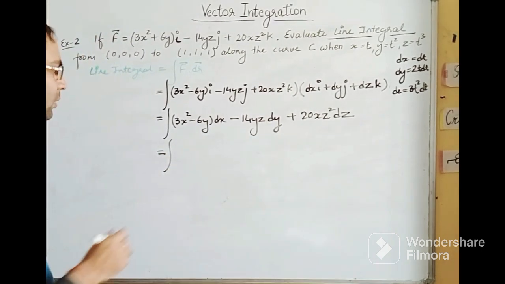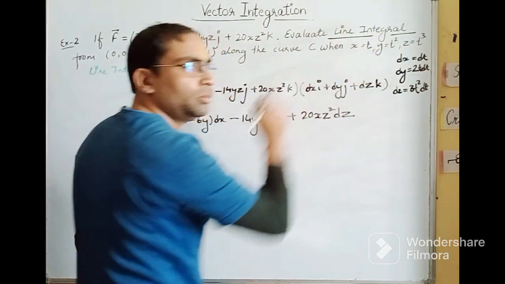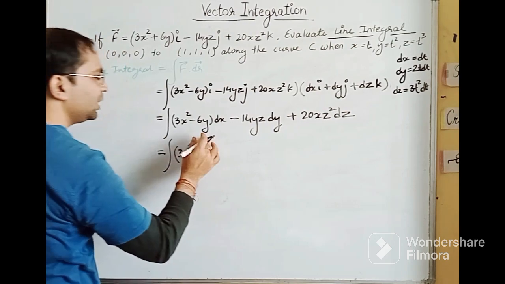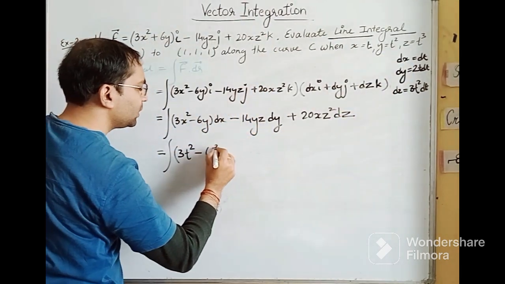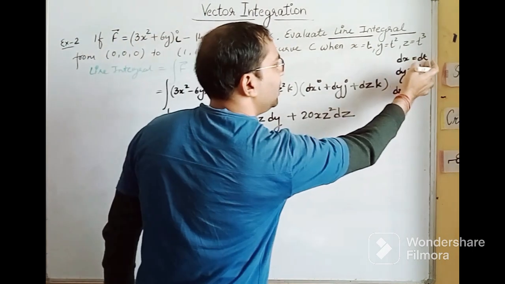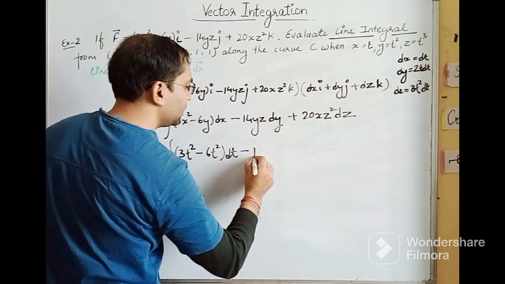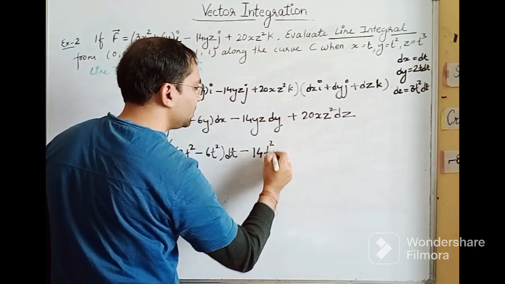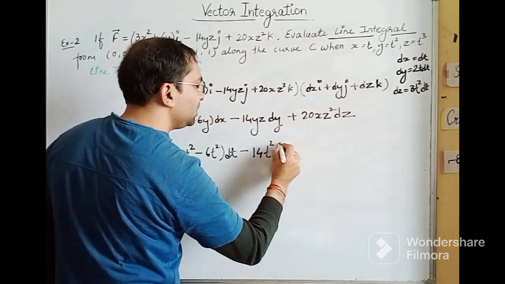substitute all these values. Here we have x, so this is 3. Now x is equal to t, so this will be 3t square. Minus 6y, so here y is t square, so this is 6t square, and dx will be replaced by dt. Minus 14y, in place of y we have t square, so this is t square. In place of z we have t cube, so this is t cube.